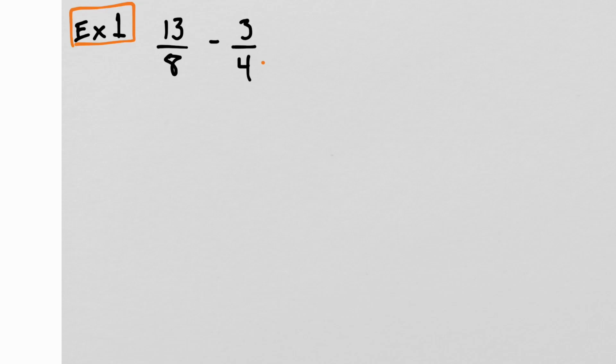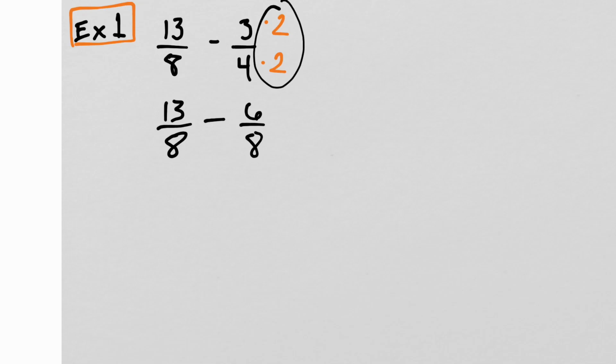So I can multiply by 2, and I don't have to do anything to the other one because I already have an 8 denominator there. So that would be 13 over 8 minus 6 over 8.